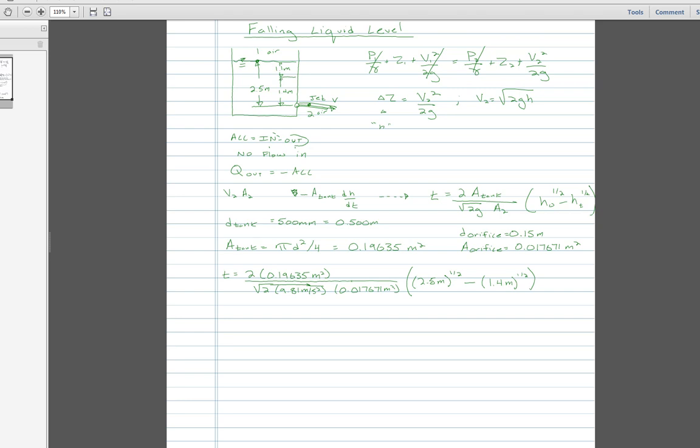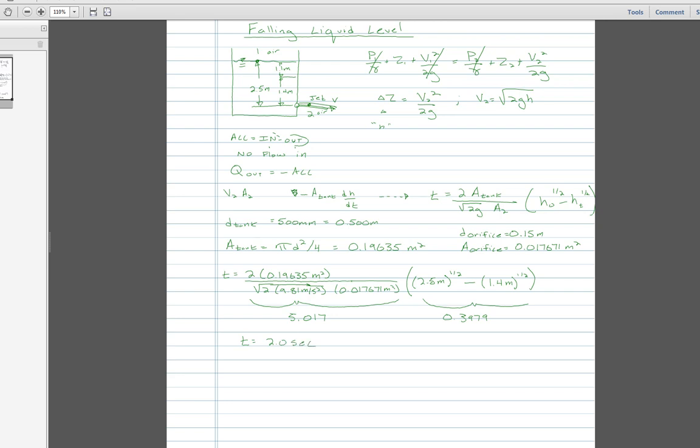Alright, if we do the calculations for this entire expression, that works out to 5.017, and this entire expression is 0.3979, and so the amount of time it's going to take to fall is 2.0 seconds.